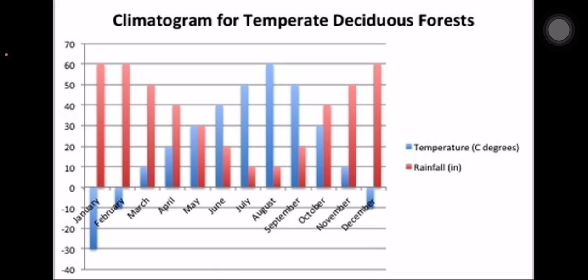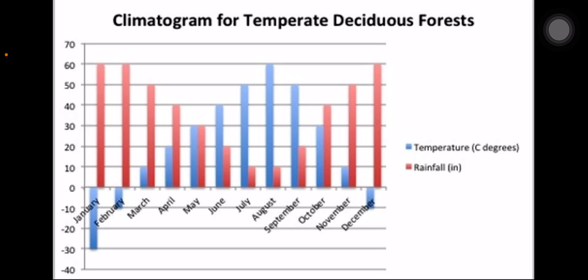So the climate in a deciduous forest, I will be talking about the temperature and the precipitation. So to start, there is a lot of seasonal change in the deciduous forests. So daily temperatures range from negative 30 degrees Celsius to 30 degrees Celsius, and the yearly temperature average is 10 degrees Celsius.